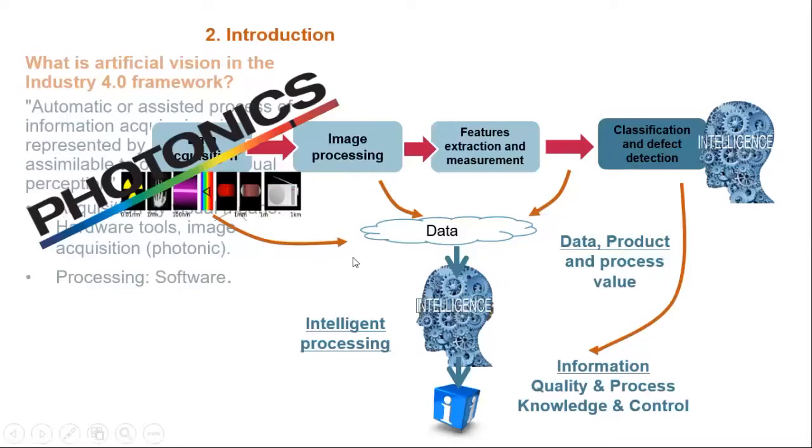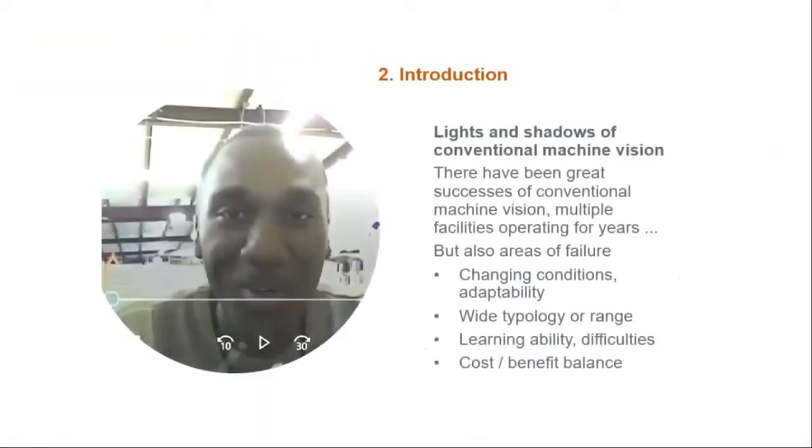Okay. As an introduction, lights and shadows of conventional machine vision. We have been working in machine vision for a lot of years. There have been several cases of success in machine vision, multiple facilities operating for years.